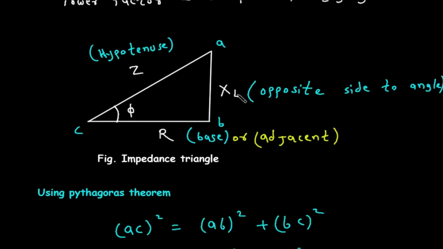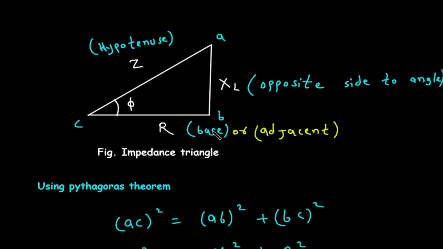Here we can see this is an impedance triangle. This is Z or impedance, this is inductive reactance and this is resistance R. So this is a right angle triangle, so this will be the hypotenuse, this is the opposite side to the angle and this is the base or adjacent side.